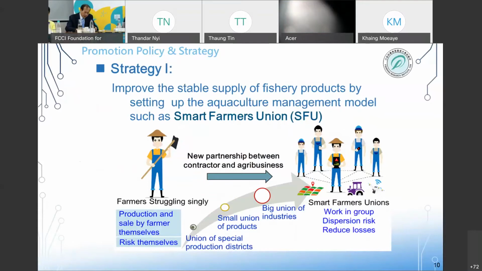So strategy one of the promotion of smart aquaculture in Taiwan is to improve the stable supply of fishery products by setting up an aquaculture management model, such as the smart farmer unit.